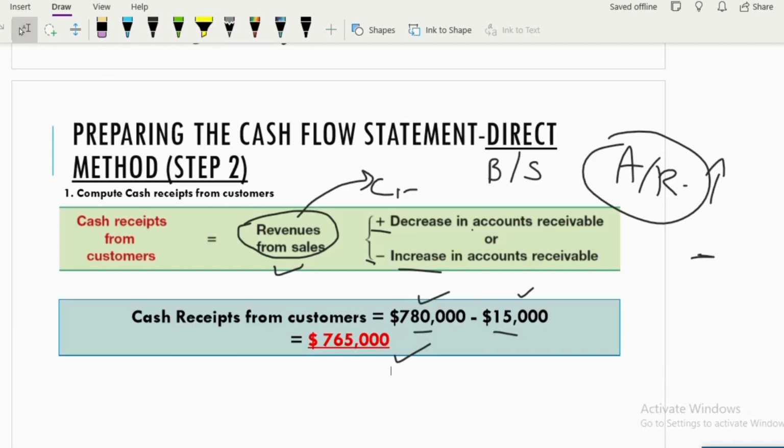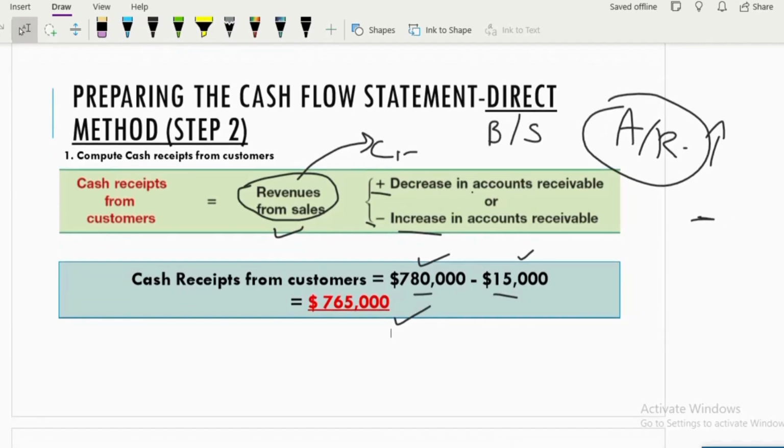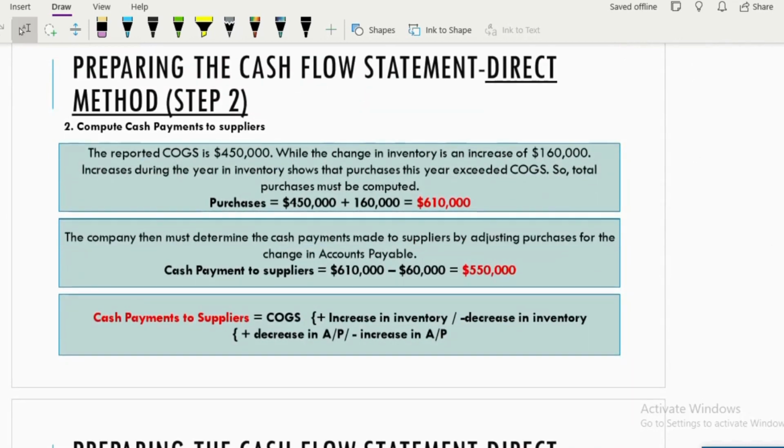Let's move towards the expenses. Firstly, the cost of goods sold, the first expense in the income statement, is 450,000. It means that all the goods which we purchased during the year, we did not sell all of them. Why? Because we have some items in the inventory. This is the first year of operations for the company. So how much was the total items available for sale? They actually purchased them during the year.